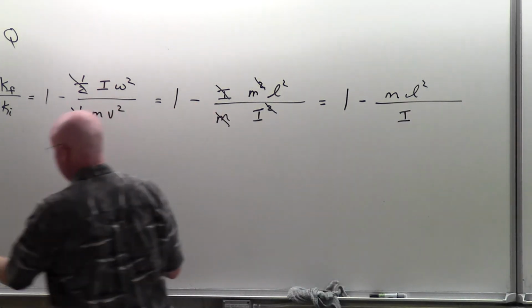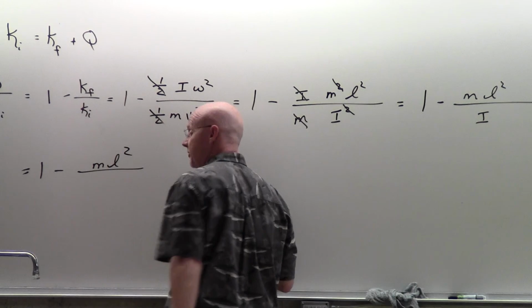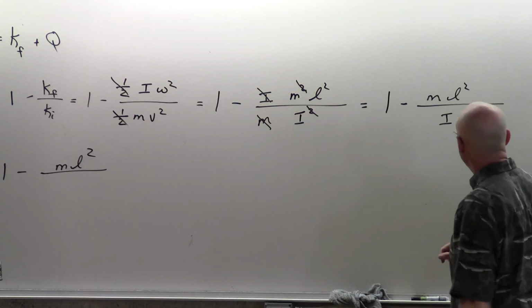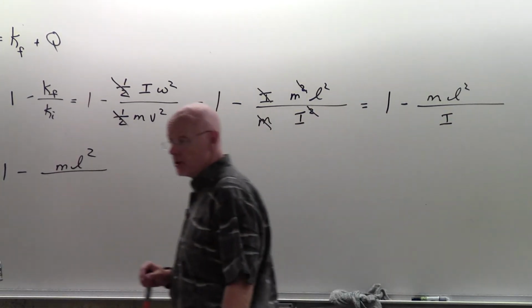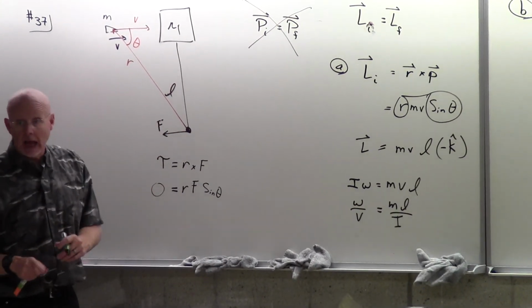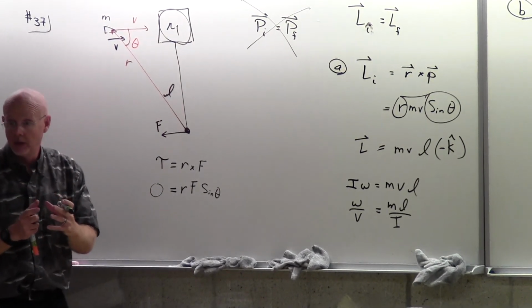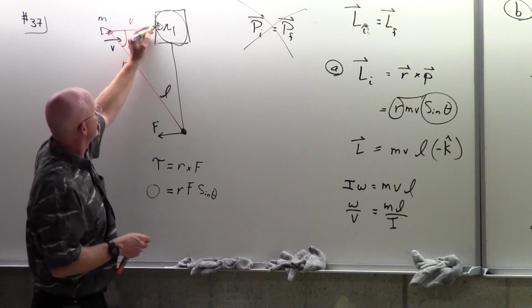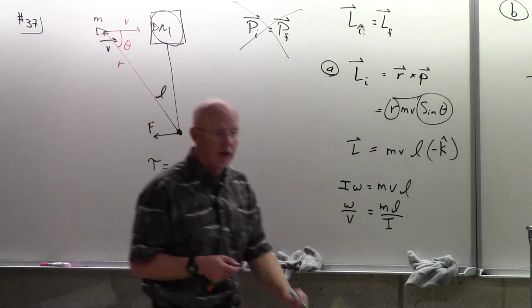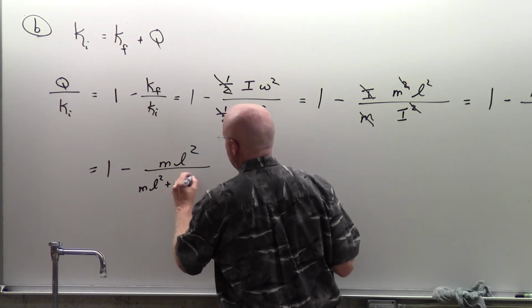I'll even keep going with that. In the numerator, I have M L squared, and in the denominator, I have I. So let's talk about what would be the moment of inertia of this crazy thing. Now again, keep in mind that they're just saying this is a blob of mass. And so when the bullet gets embedded in it, I have a second blob of mass. They're each at a distance of L. So the moment of inertia should be little m L squared plus big M L squared.